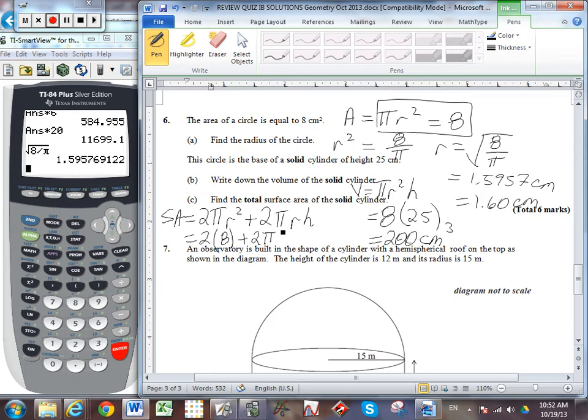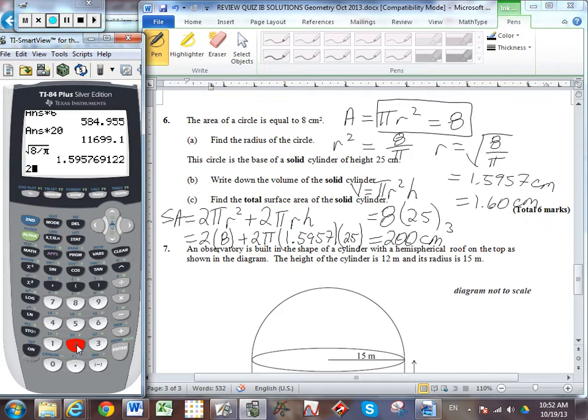So I think I'm just going to have to substitute on this one. I'm going to put in the more accurate value of r to preserve accuracy, and my height is 25. So let's see what I get. 2 times 8. So there's my 2 circular bases, the top and the bottom.